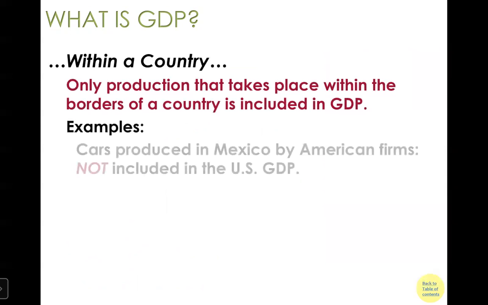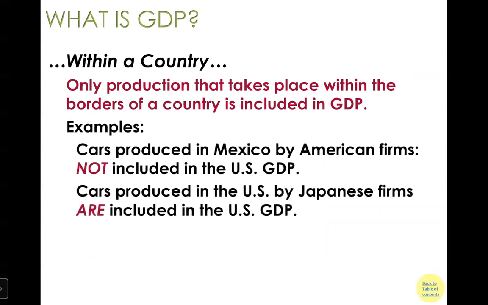GDP is within a country. This usually is how we say it, but in reality you can say within a city, or within the boundary of a village. It can change depending on the scope of the question you are looking into. But the important thing here is to understand two examples.